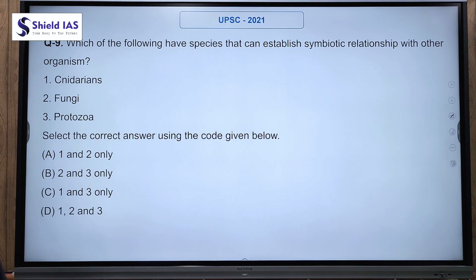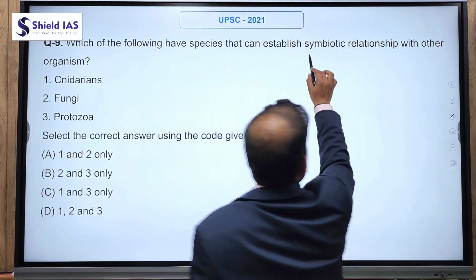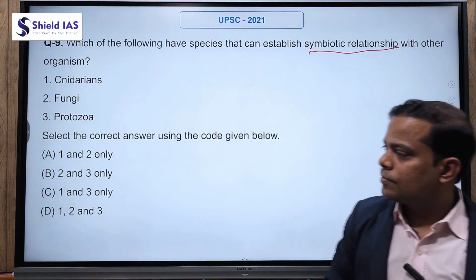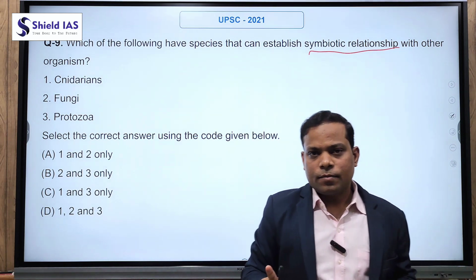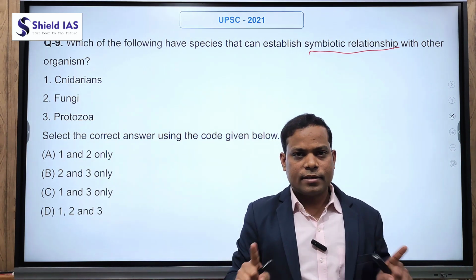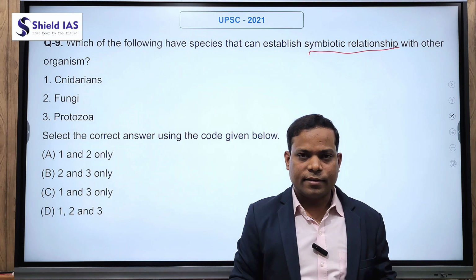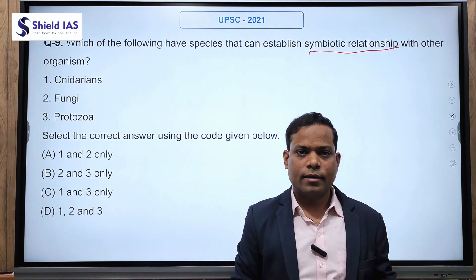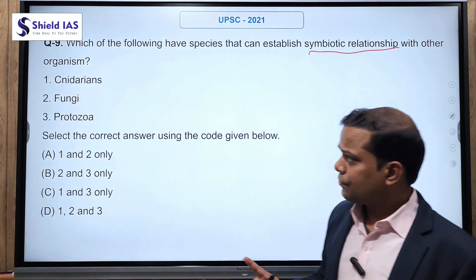which of the following have species that can establish a symbiotic relationship with other organisms? So any organisms which live together and share their shelter and nutrients, this relationship is known as a symbiotic relationship.